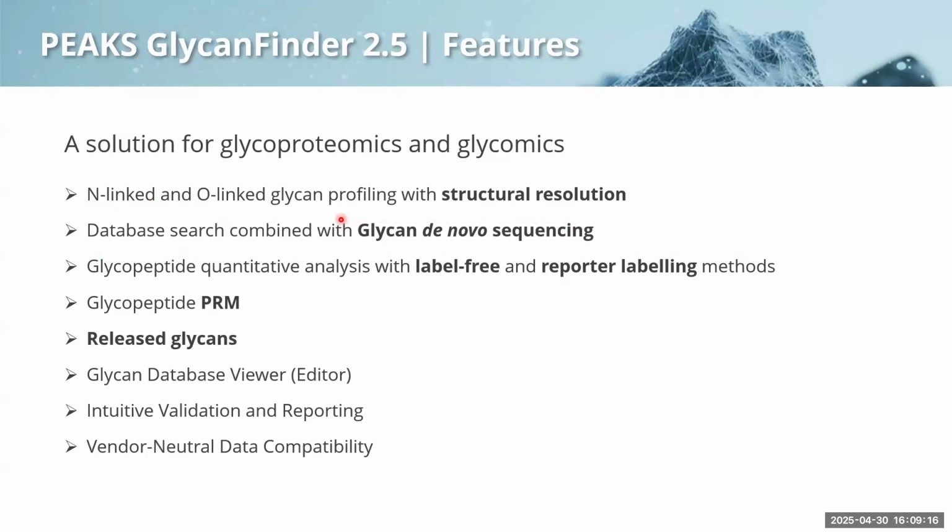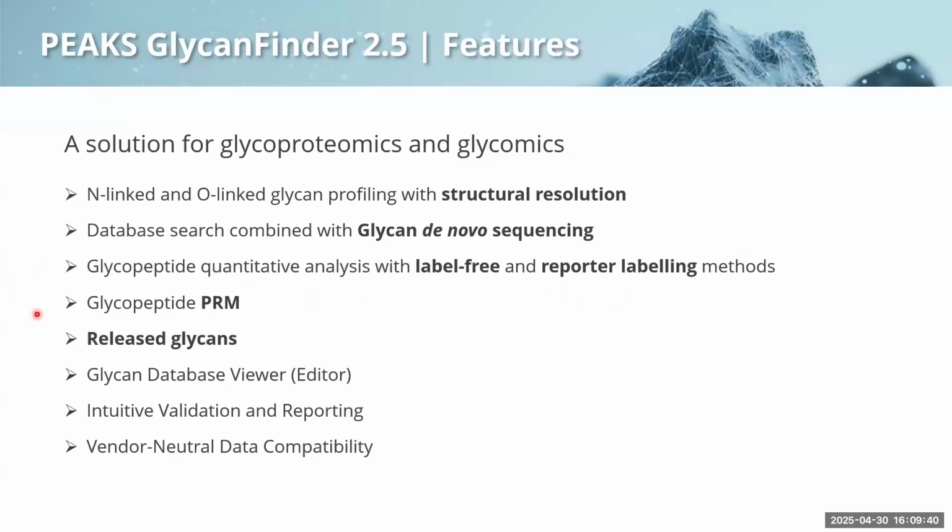This way you're able to identify glycans that may not be present in your database. We have glycopeptide quantification. We have a label-free option and a reporter labeling option with the ability to customize the reporter ion methods if the built-in one you would like isn't there.